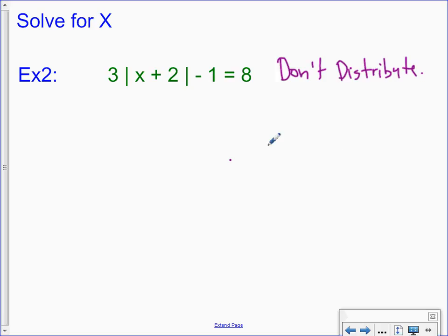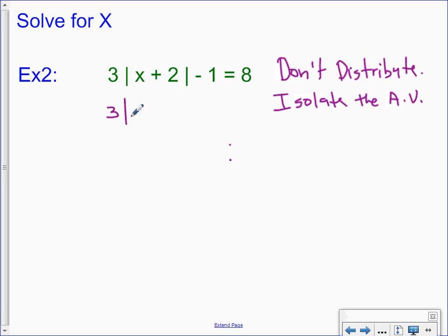Instead, we isolate the absolute value. Then we're going to solve it. In other words, get rid of everything around it. On this side of the equation, we have a 3 and a -1 around the absolute value. Easiest to get rid of is the -1.